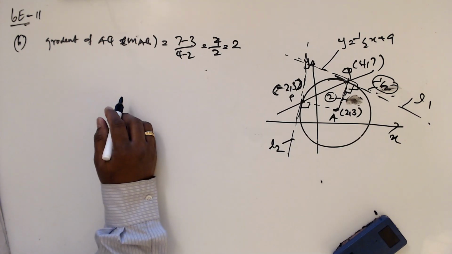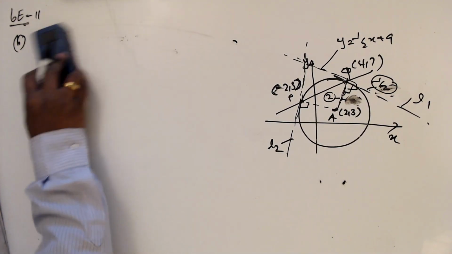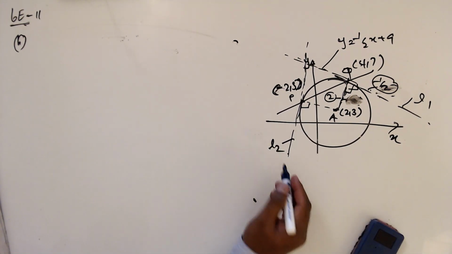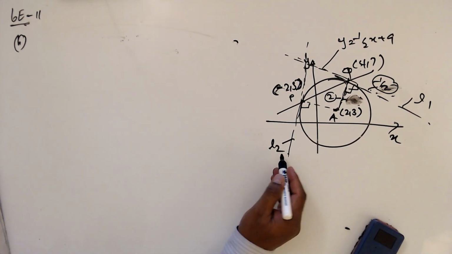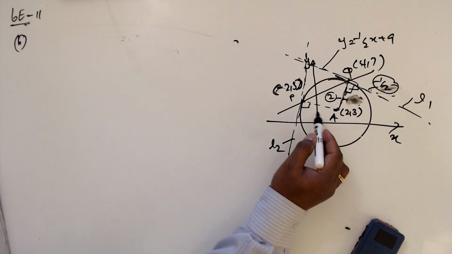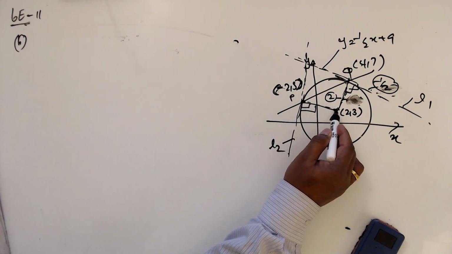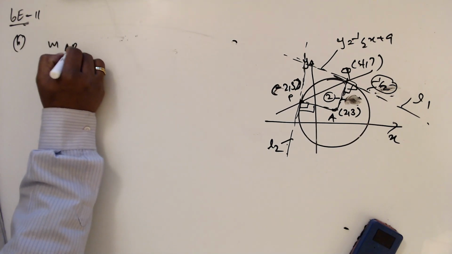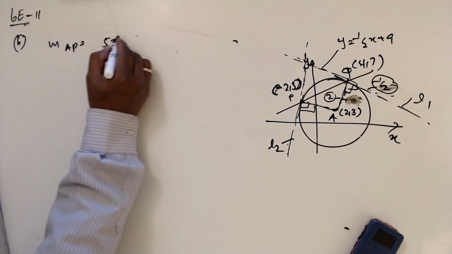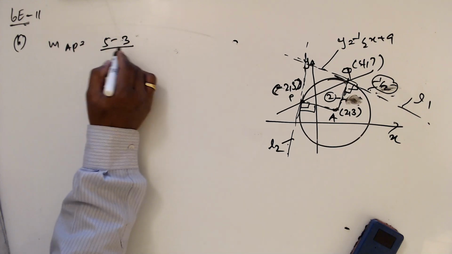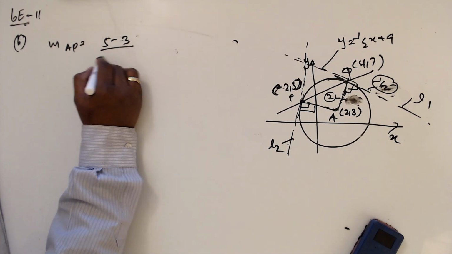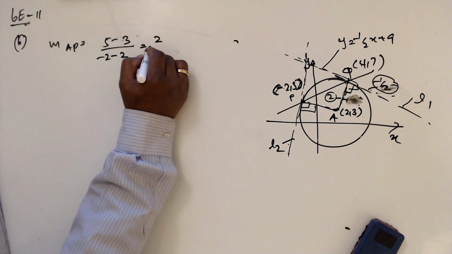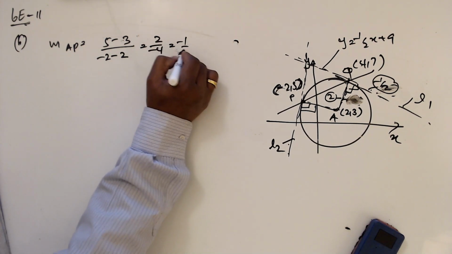Now I want to find the L2 equation. I have a point. If I know the gradient of AP, then I can find it. So we'll find the gradient of AP. Y1 minus y2 over x1 minus x2. So this is going to be 2 over minus 4, minus half.